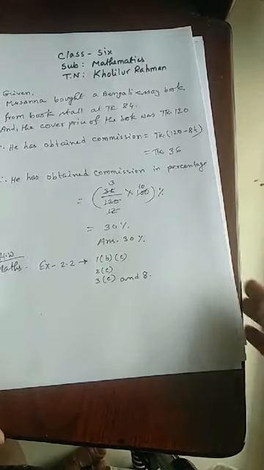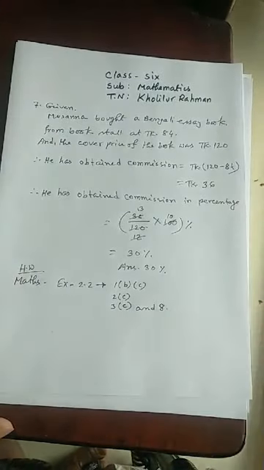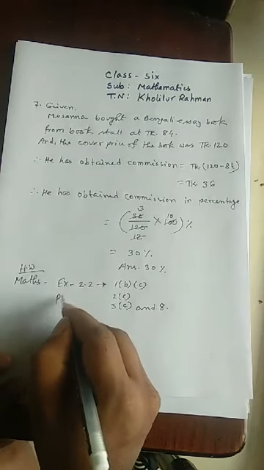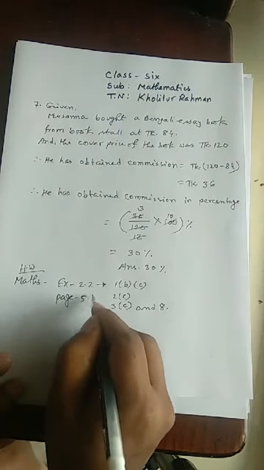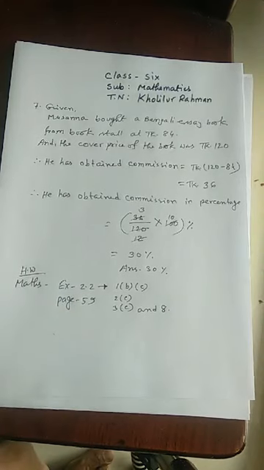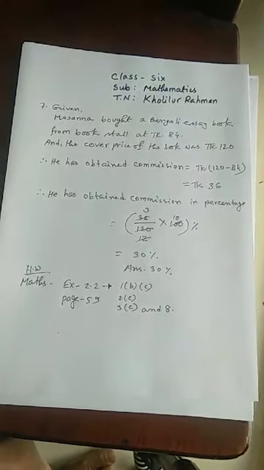This one will be your SW. From exercise 2.2, and page number will be 59. Page number 59, write in your diary. You have to maintain a diary. Can you see everything?